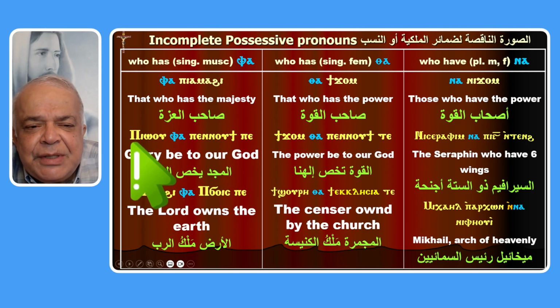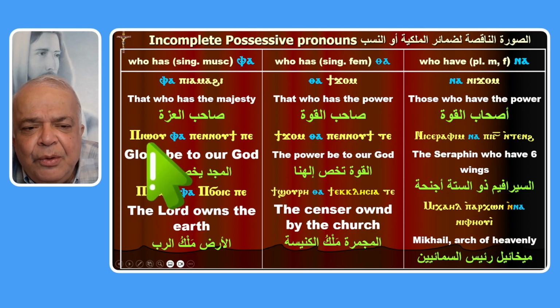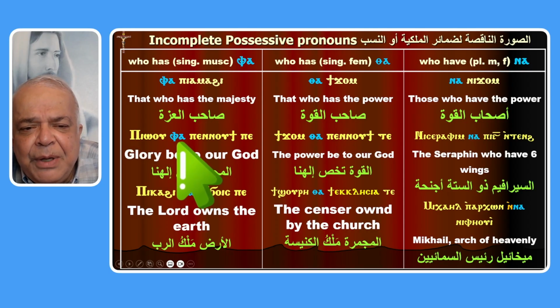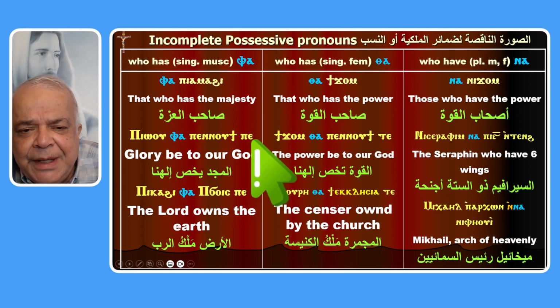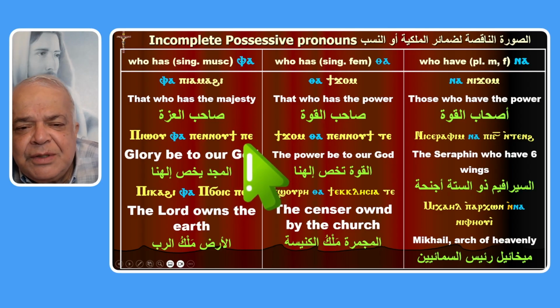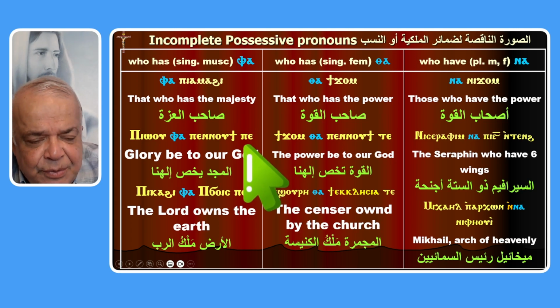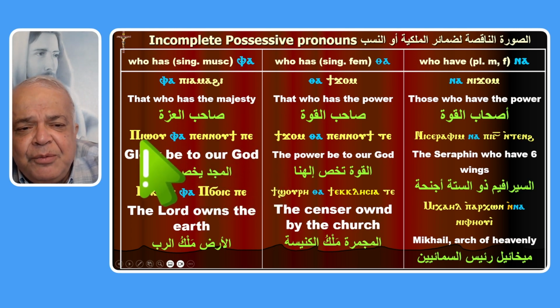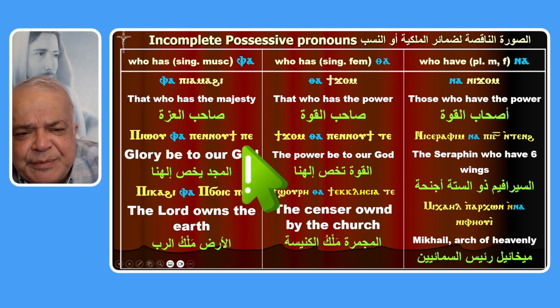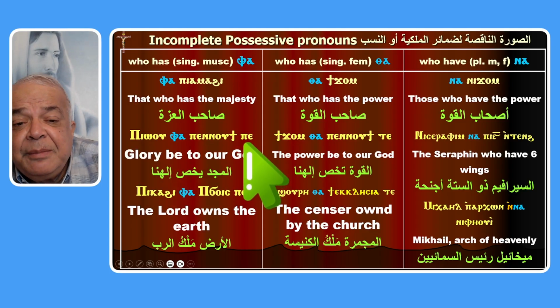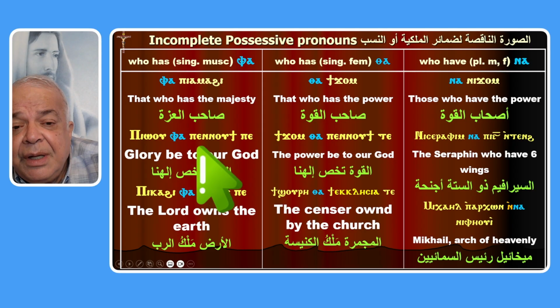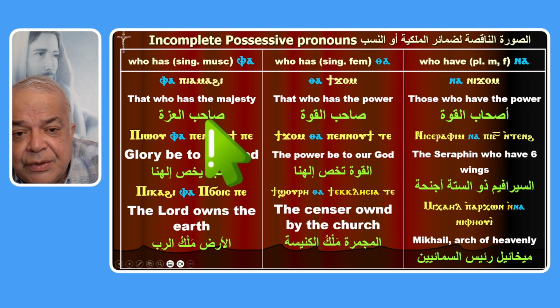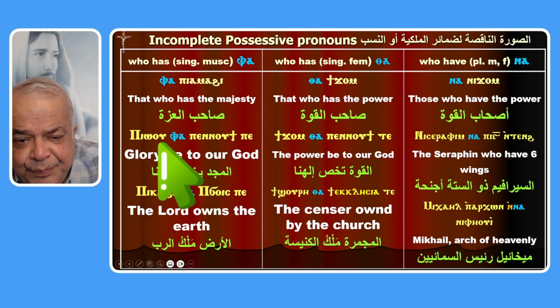So the expression here is P-O-O, glory, fa, belong to, our God, to be. Why do we follow it with verb to be? If it is put in a kind of negative form, which here is considered a negative expression, then verb to be will follow the owner of the glory.